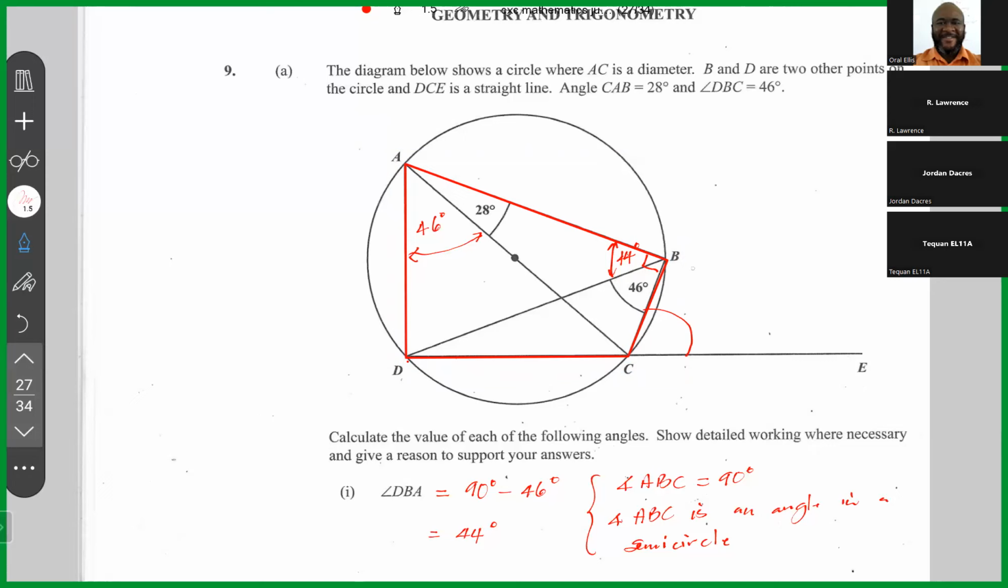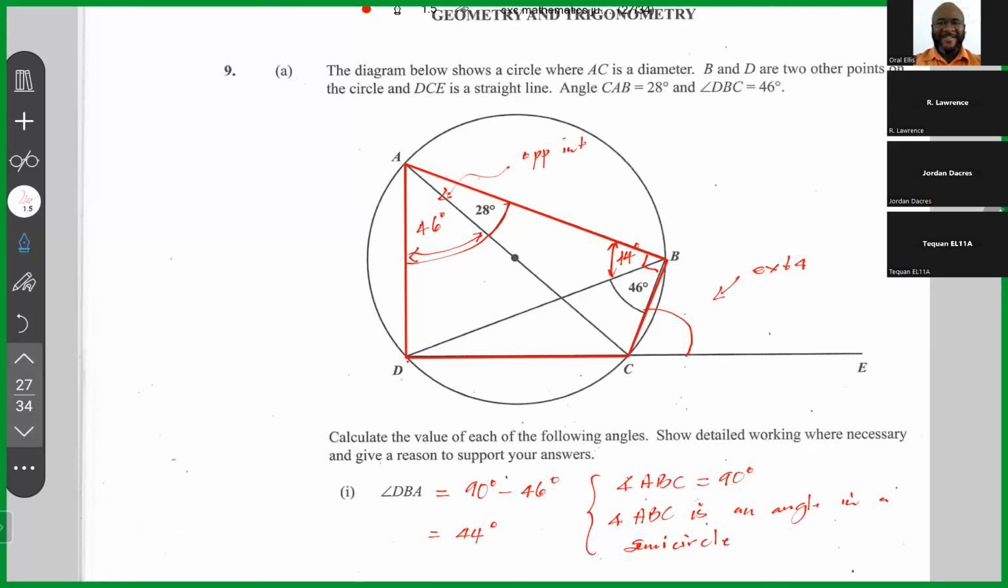Now, this angle here is called the exterior angle of a cyclic quadrilateral. And this entire angle here is called the opposite interior angle. The angle BCE is called the exterior angle.